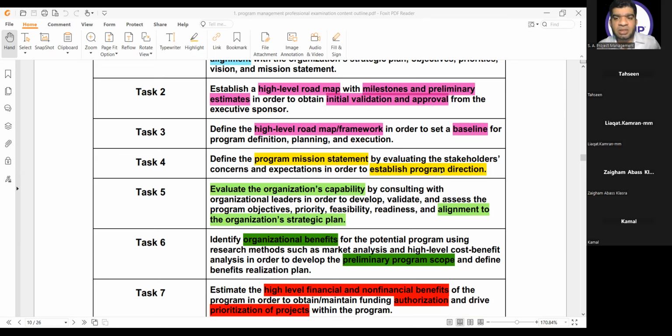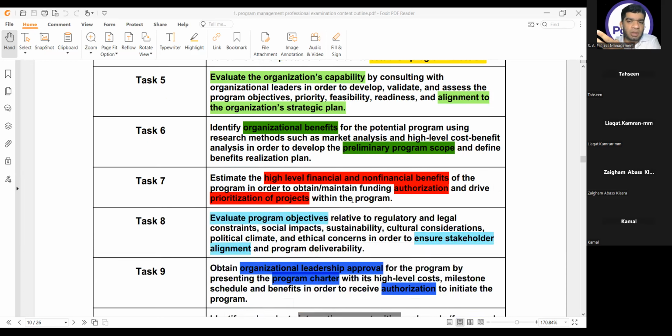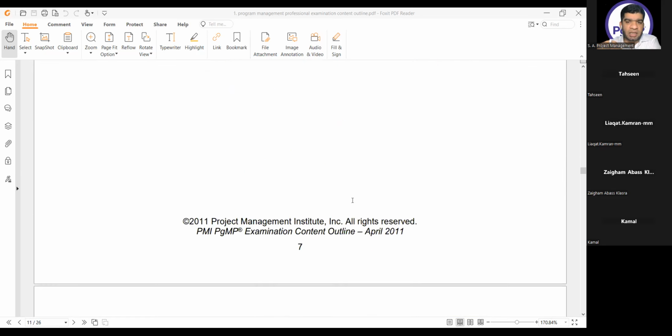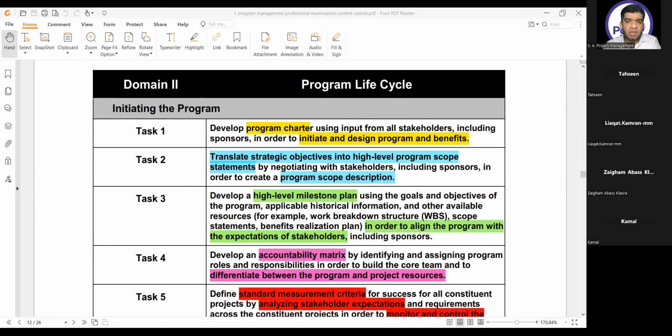If he is asking about stakeholder, if we write only about stakeholder expectations, then answer cannot be mission statement. Then we have to see goals and objectives. Here in this we are getting goals and objectives. Using the goals and objectives, this gives us the idea that we are in the initiating phase or in the beginning. So this will be some high level document. That is the first hint.